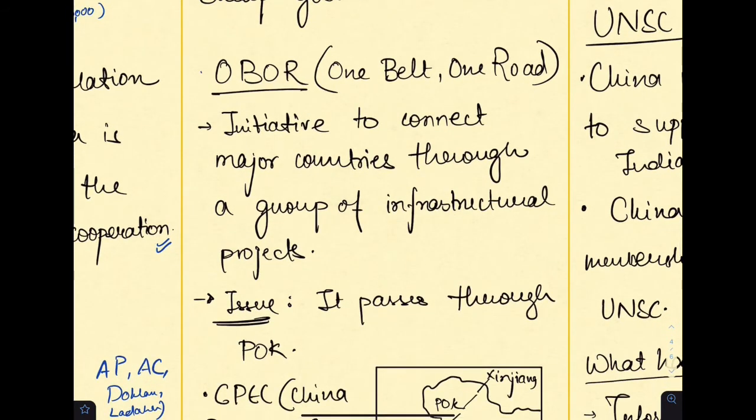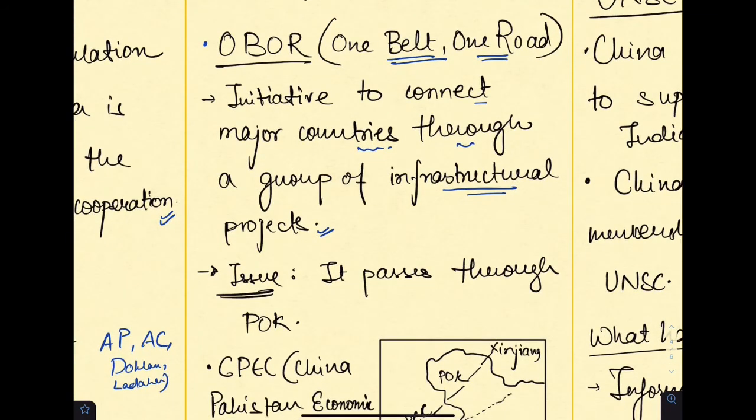The next one is OBOR, the One Belt One Road initiative. Now this is like a revamping of the ancient Silk Route by China. It is an initiative to connect major countries through a group of infrastructural projects. These infrastructural projects span worldwide, connecting all of the continents.